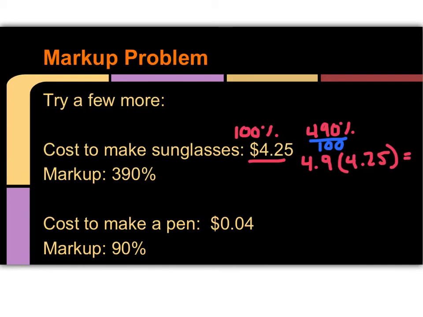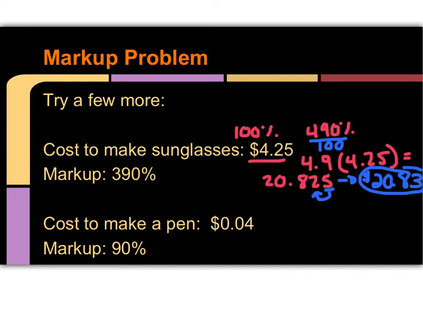When you do that, you get 20.825. But we are talking about money, so that means $20 and 80, the 5 makes the 2 go up, so it's 83 cents. $20.83 for something that only cost them $4.25 to make.